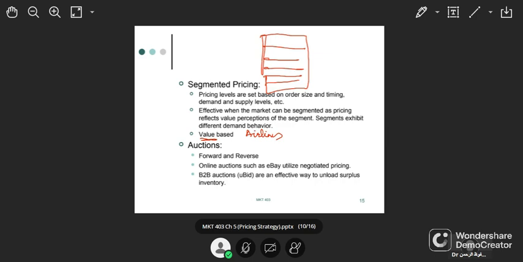If a traveler has an emergency, or rather there is a person who has an emergency and has to travel, right? Earliest flight, what is the possibility? It will be very expensive. Even if three times the price, the person will travel because there is an emergency.